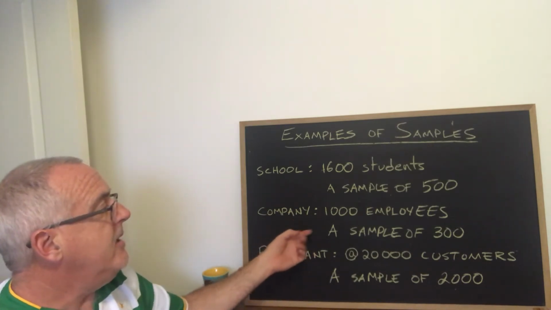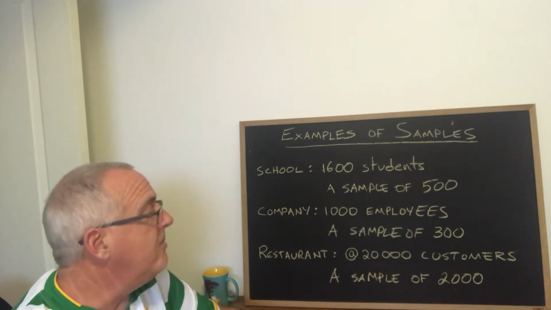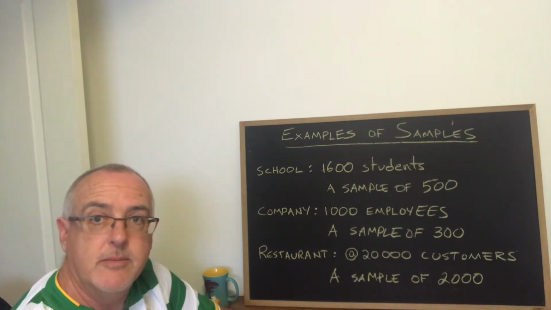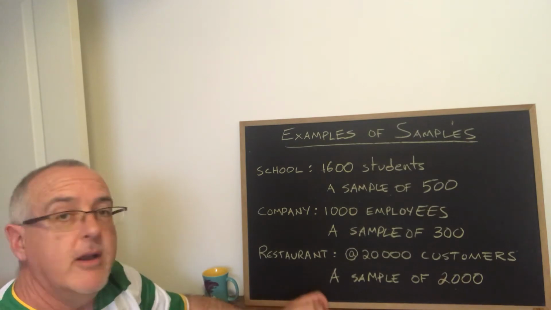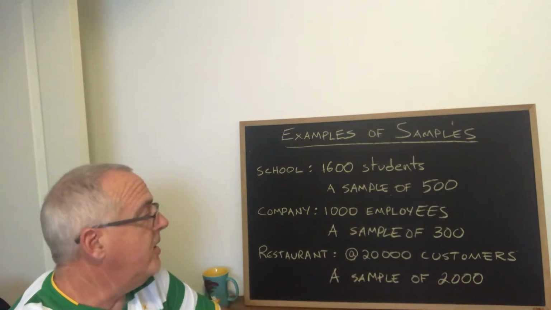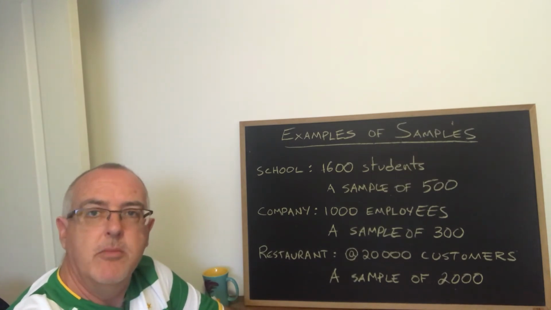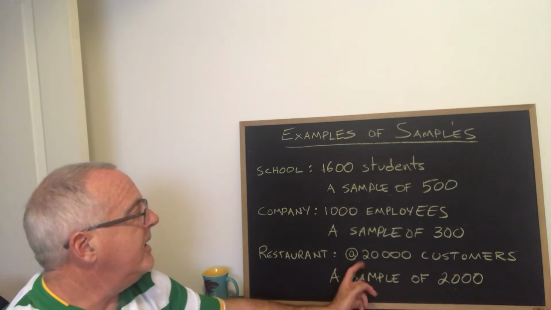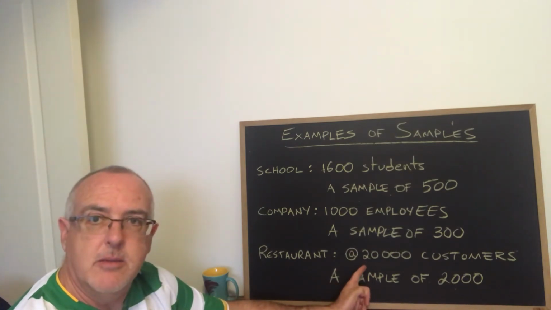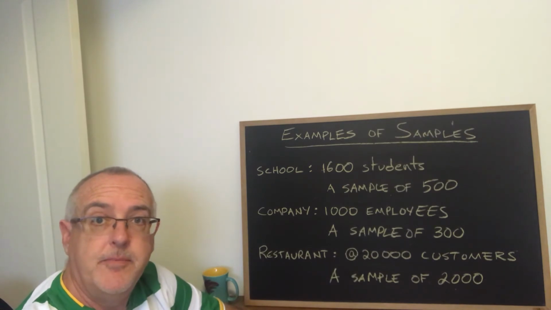In a company that has 1,000 employees, a sample that's sufficient might be 300 of the employees. In a restaurant where they don't know exactly who all of their customers are, they know typically that there are a group of people from the surrounding area who might come to that restaurant. They might estimate that they have 20,000 customers, and a sample of 2,000 might be enough.